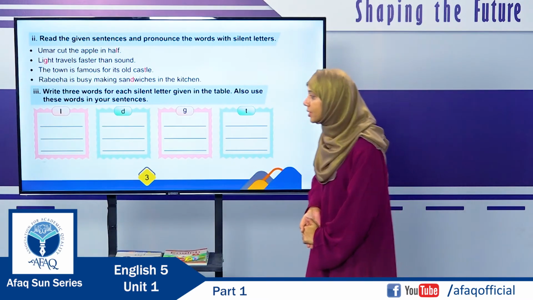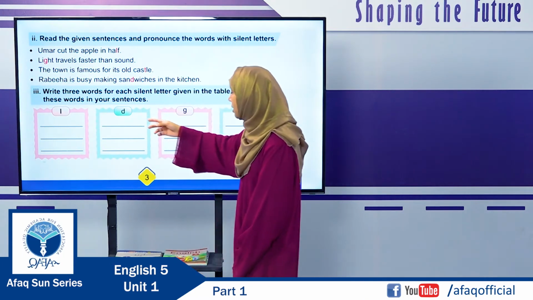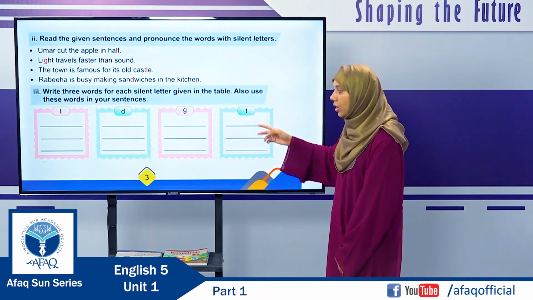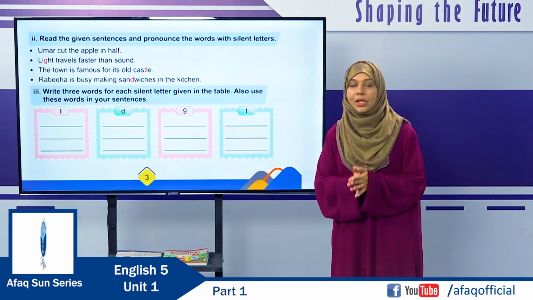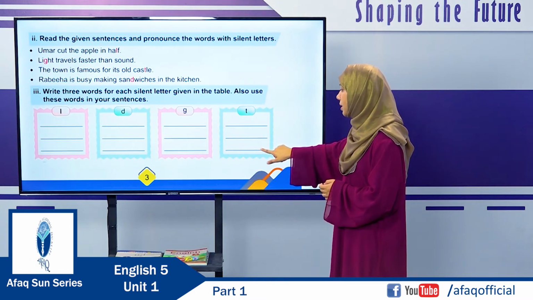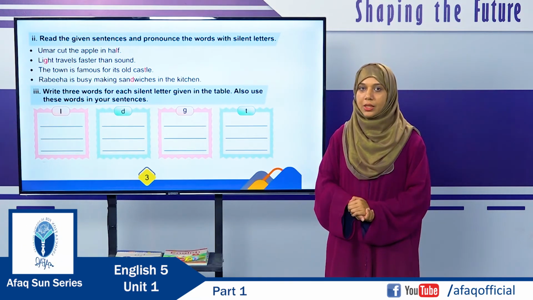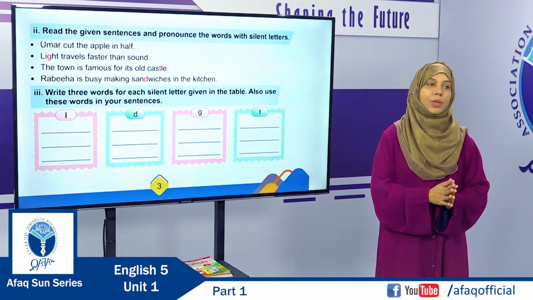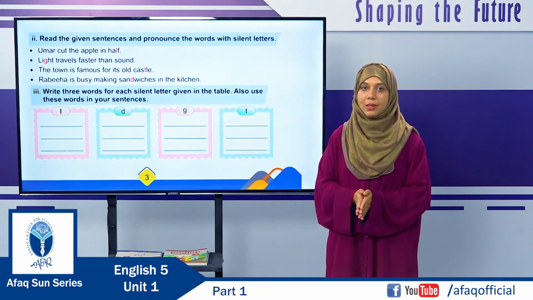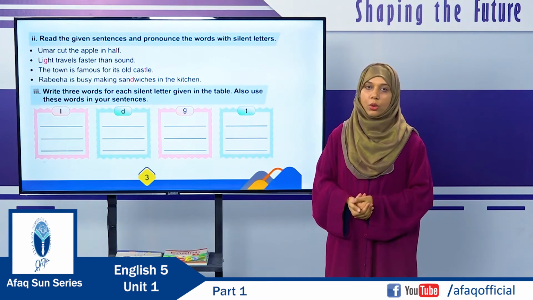So the first silent letter is L, the second one is D, the third one is G, and the fourth one is T. You have to find 3 words for each one of them and write them in these spaces. You can also find them from the story An Orphan's Eid. After writing these words, make sentences of your own. You can write 5 of those sentences in your notebook and can make other sentences orally.